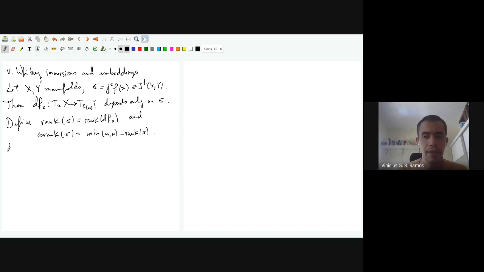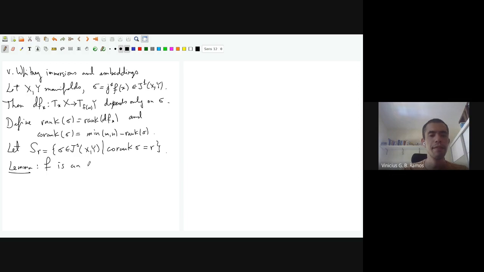Okay, so now I'm going to define S_R to be the set of one jets whose co-rank is equal to R. Okay. So lemma: f is an immersion, or submersion.